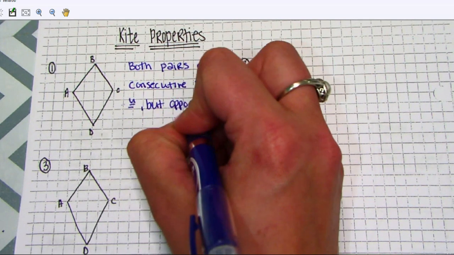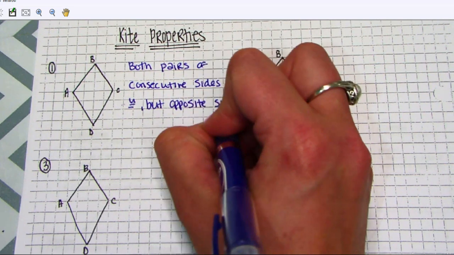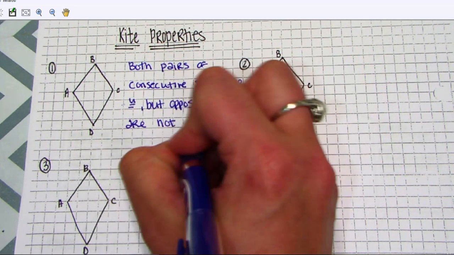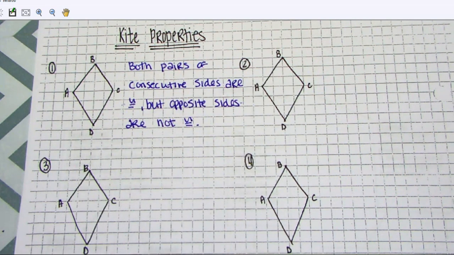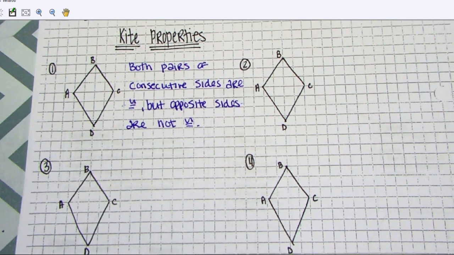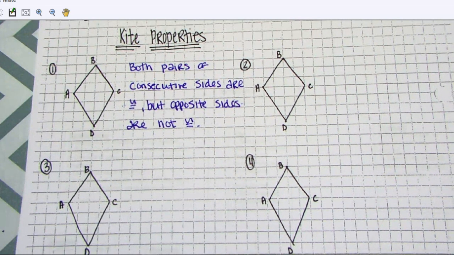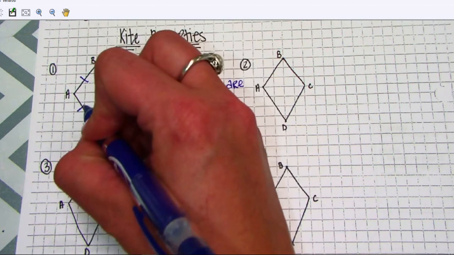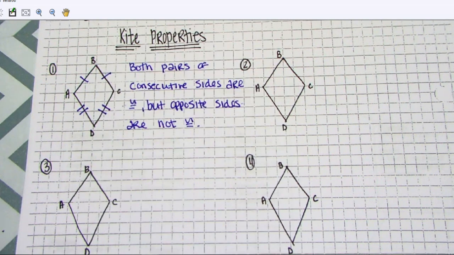Opposite sides are not congruent. This is kind of similar to the parallelogram, but in the parallelogram the opposite sides are equal, whereas in kites it's consecutive sides. So that means the top 2 are equal and the bottom 2 are equal. It kind of splits it top and bottom.